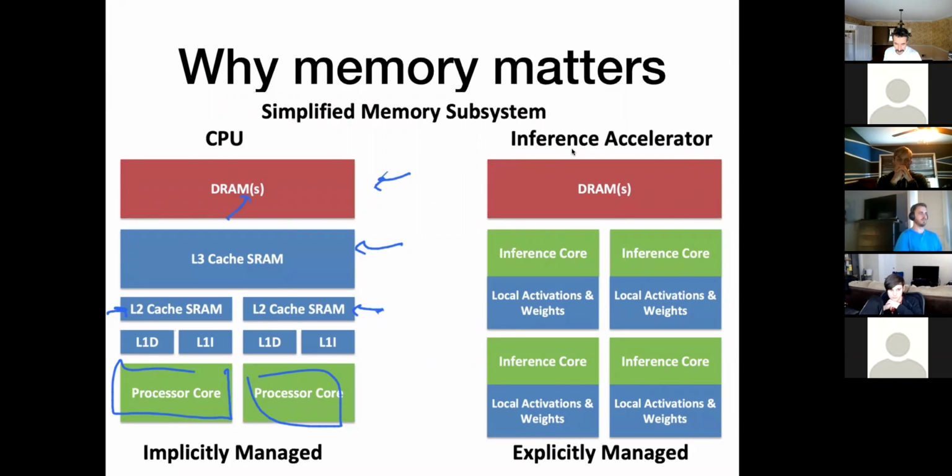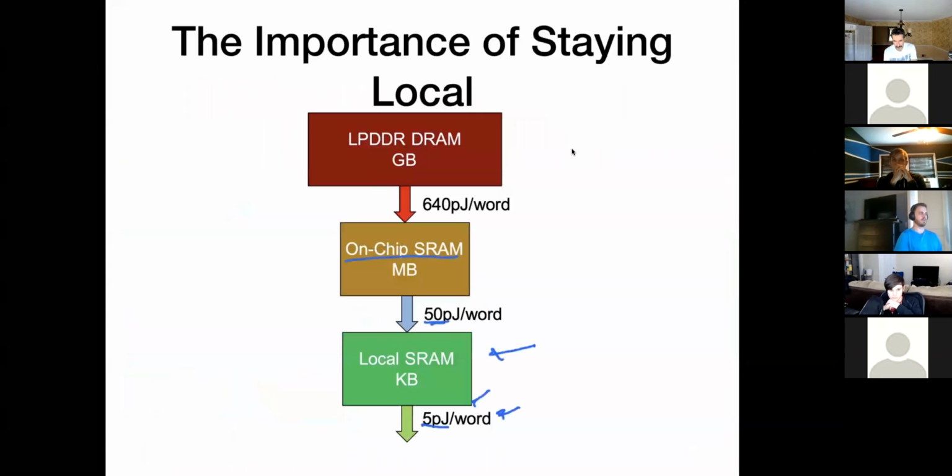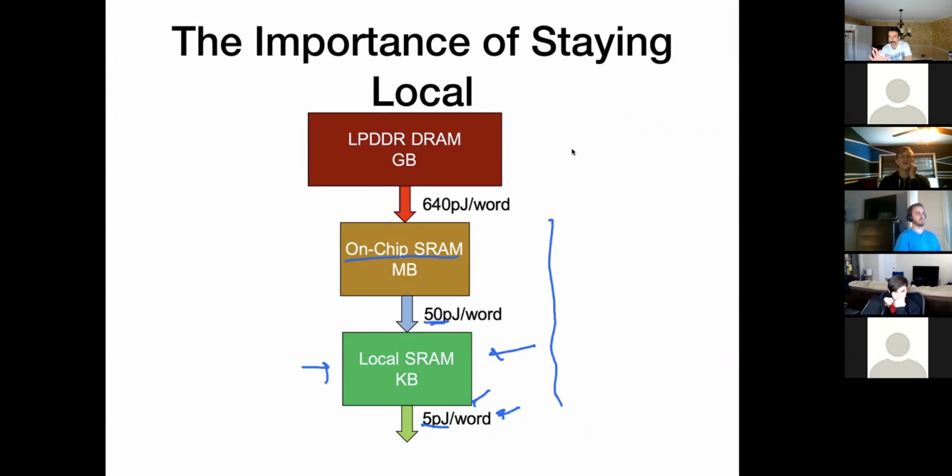Right? So essentially this gives you an idea. Both of these are on the chip. This is associated with each core. You see that this is the least expensive, 5 picojoules. Again, the least expensive relatively for any memory access.